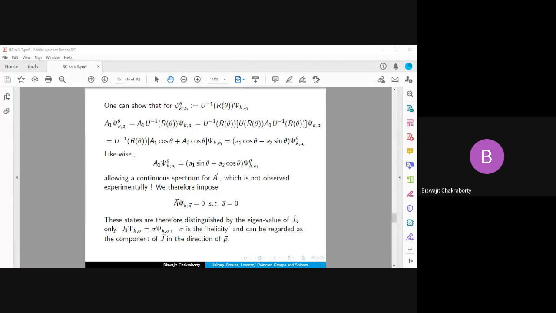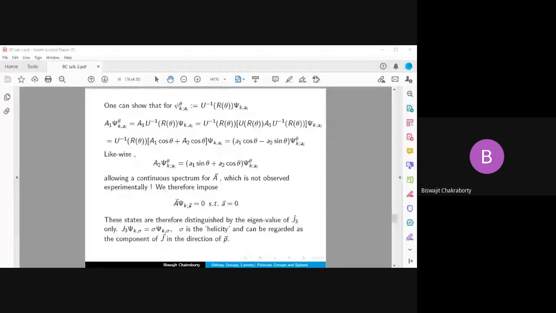Now what you have done is I have inserted the identity operator, U inverse R theta U R theta, in front of this A1, and now I have clubbed U of R theta A1 U inverse R theta, and used the previous relation that it gets rotated. So it is U inverse R theta, then A1 cos theta plus A2 sin theta. So you can see that it will bring up the eigenvalue, which is the rotated version of a1, a2.